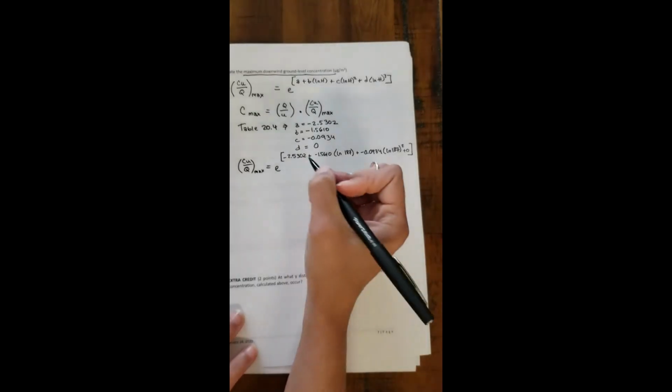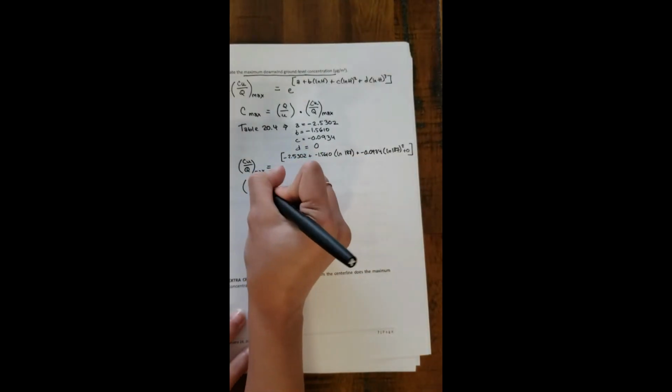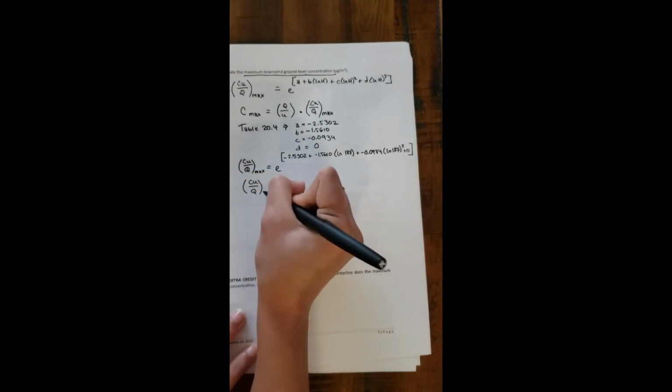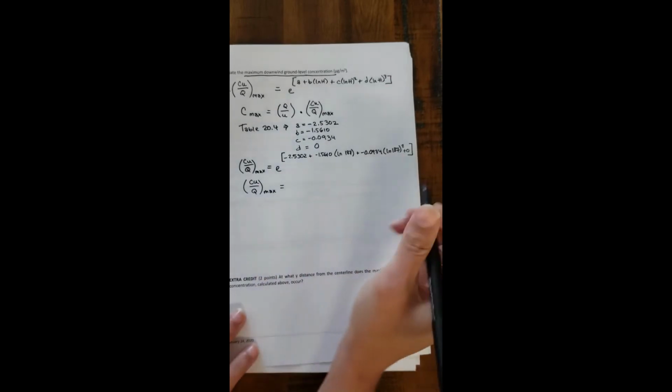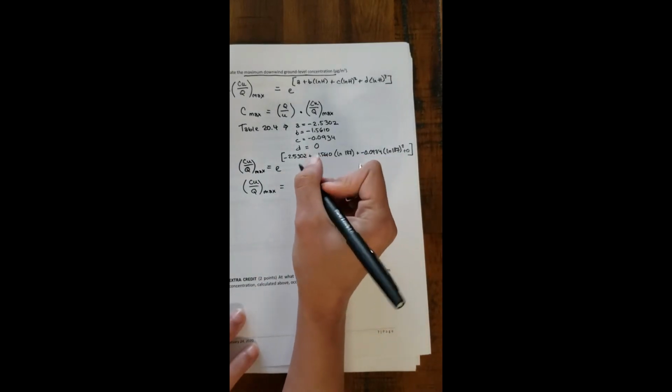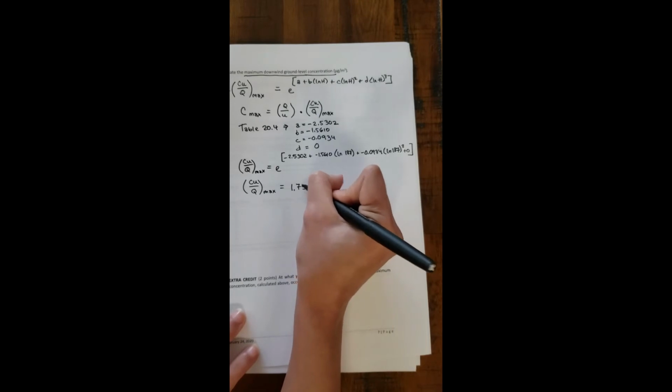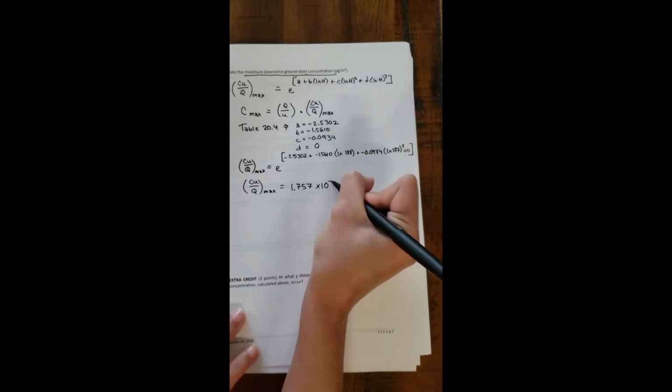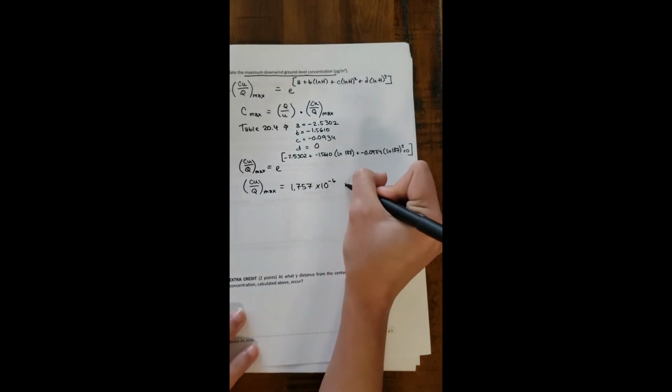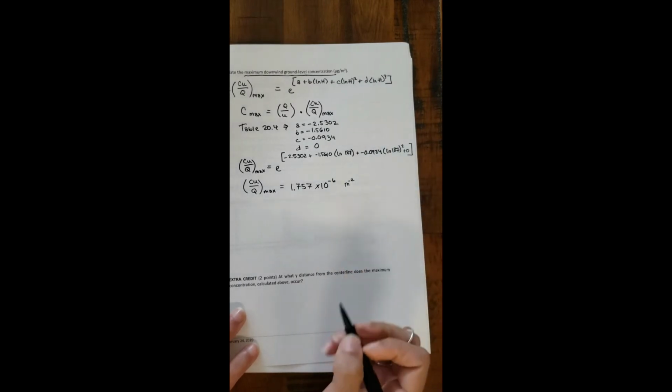Close that up, and we can go ahead and do the math. Cu over Q max is equal to 1.757 times 10 to the negative 6th, and that's meters to the negative 2.